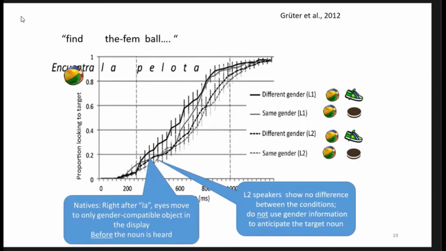In the different gender context, you see that right when the target word starts, they already start to move their eyes. So that's a sign of predictive processing. The dotted lines right here are the L2 speakers of Spanish, so L1 English, L2 Spanish, and these lines don't deviate, which suggests that they don't use that gender information predictively.